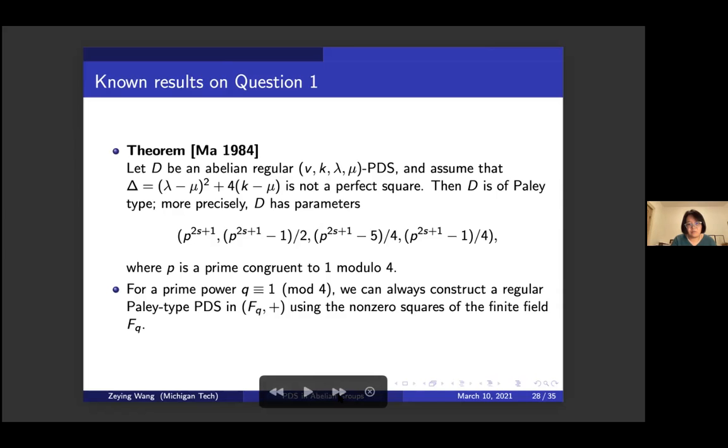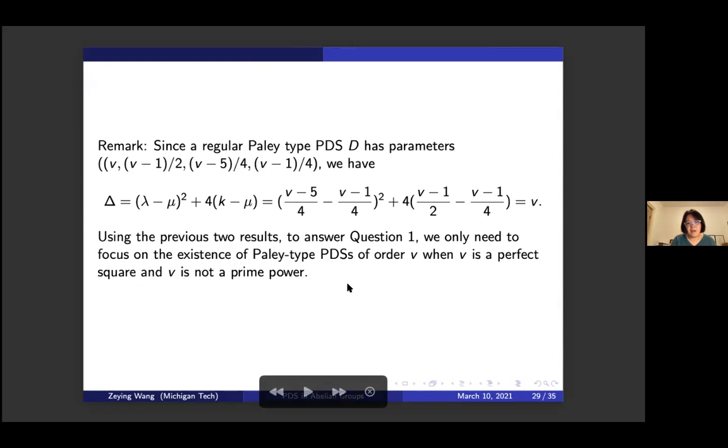Also, suppose you have a Paley type PDS. Because the parameters are so special, you can compute delta, and delta equals v, right? Now, based on the math result and the classical construction, to answer our question we only need to focus on when v is a perfect square and v is not a prime power, right?